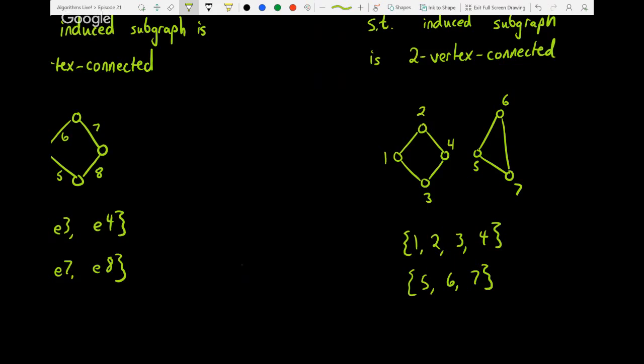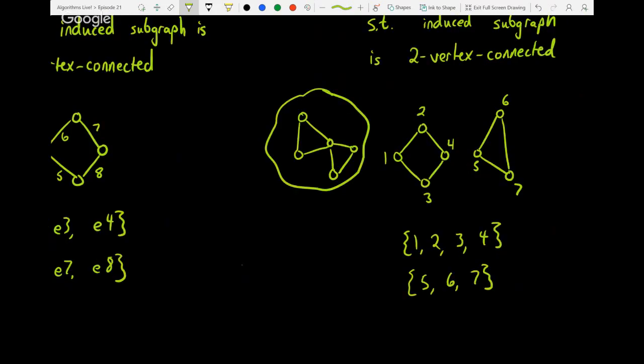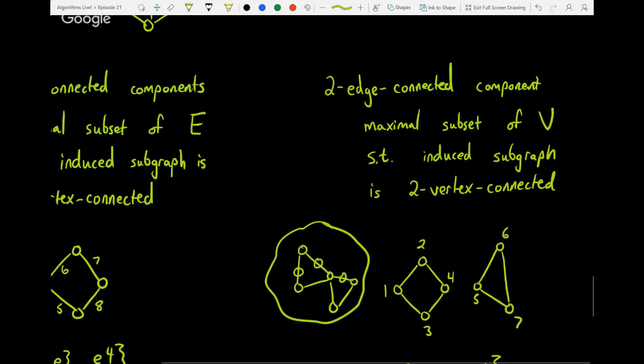Similarly, let's say I had something else in the graph. So let's say I had this shape in the graph. This would be one big two edge connected component because there's no bridges in that. Oh, I messed up this definition.